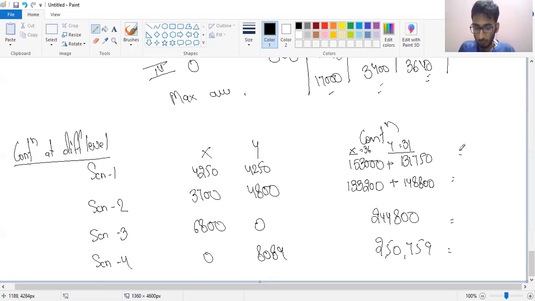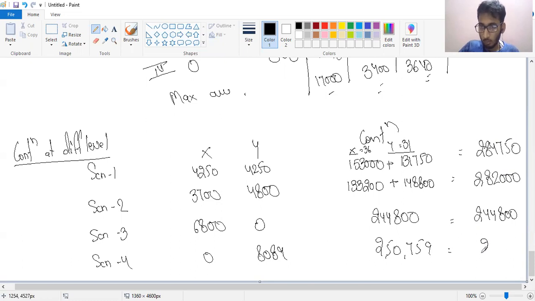So 153,000 plus 131,750 would be 284,750. 133,200 plus 148,800 would be 282,000. The other scenarios give 244,800 and 250,759. So we are getting maximum contribution in the first scenario.